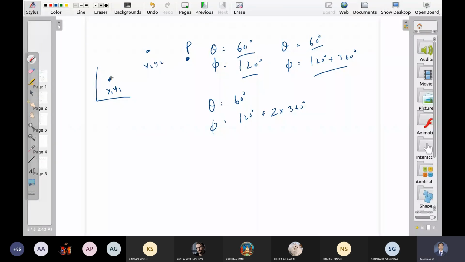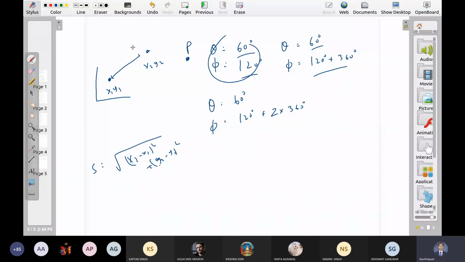We use these as numbers to define this distance: x2 minus x1 whole square plus y2 minus y1 whole square. If these points can be given by multiple numbers, like this is one set, this is another set, this is another set, and when we use these numbers in mathematics, we will get different answers.